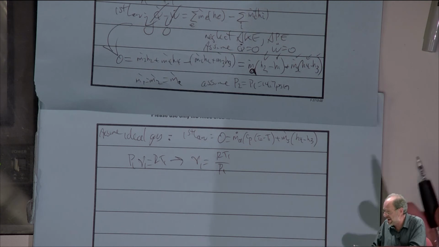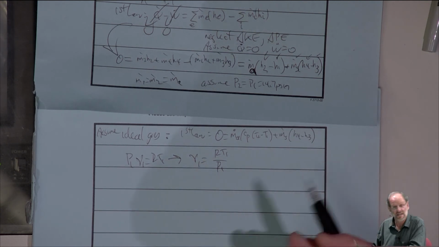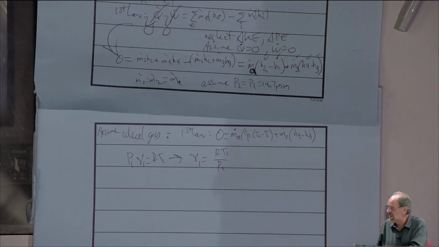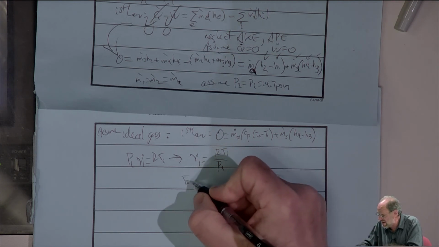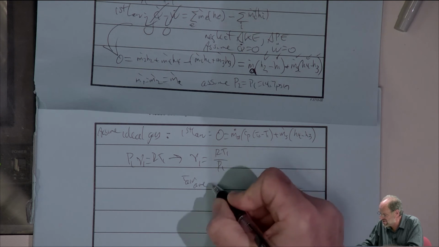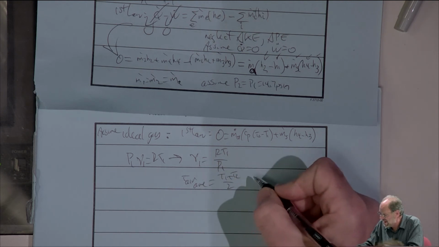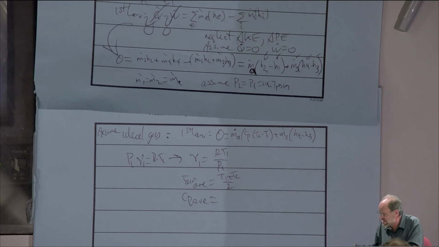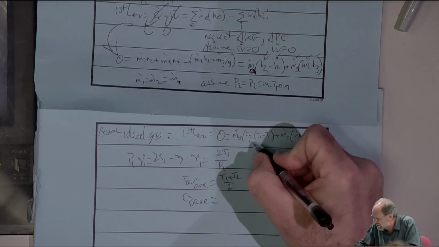Remember that it would be best to find Cp at the average temperature of the process, and indeed we can. We're given both the temperature of the air at the inlet and at the exit, so we can very easily find T air average. That's just going to be T1 plus T2 over 2. And then we'll be able to find Cp at that average temperature, and we'll do this all in a minute. So let's go back up to the first law.